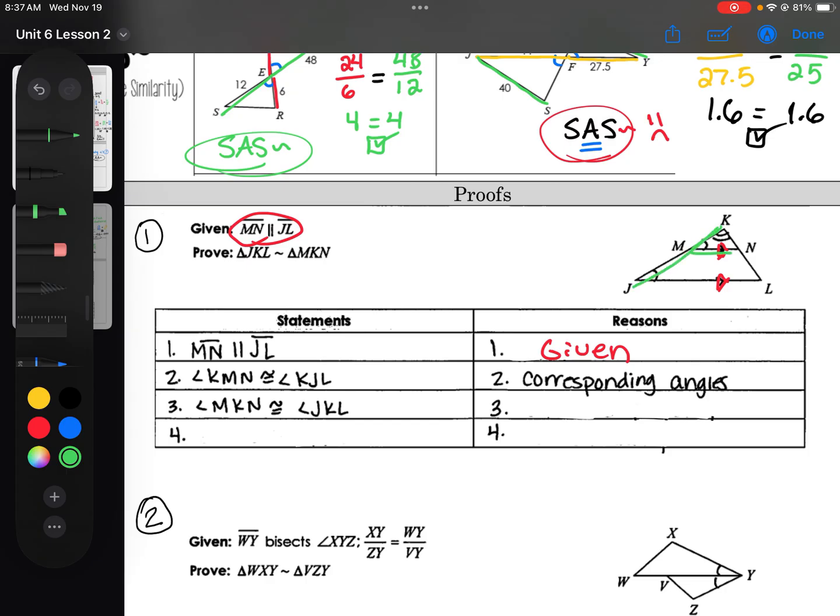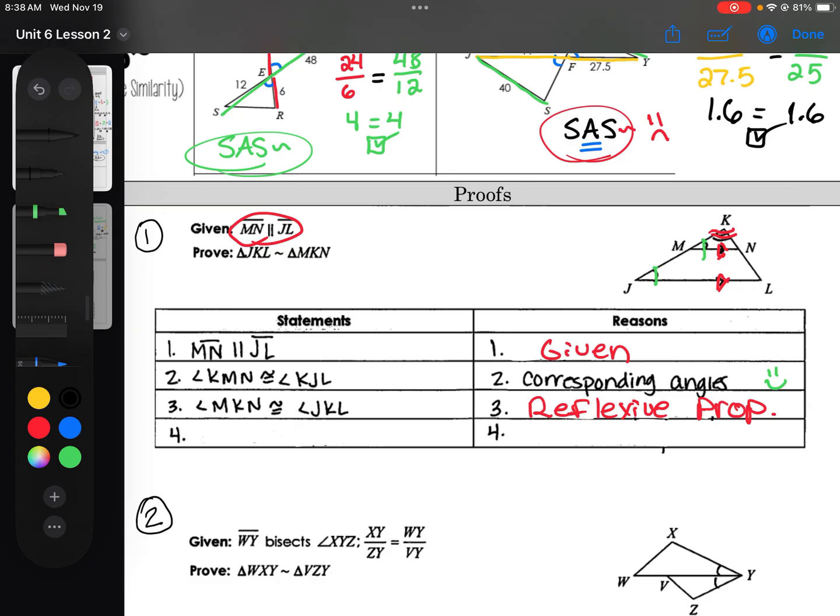and angle KJL, this one here, are equal to each other or congruent because they are corresponding angles. I agree. So put a little smiley face. You can see that it's marked there. And then we also have that angle MKN is congruent to angle JKL. That angle is congruent to itself, which means that it is the reflexive property of congruency.